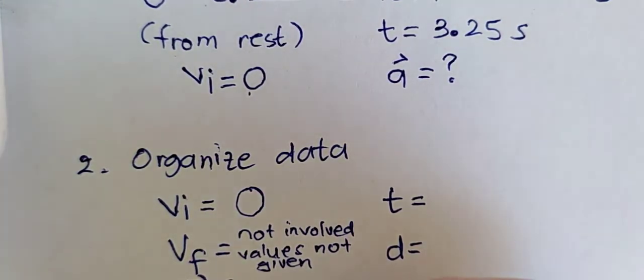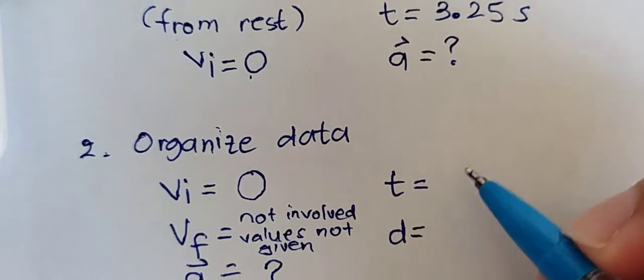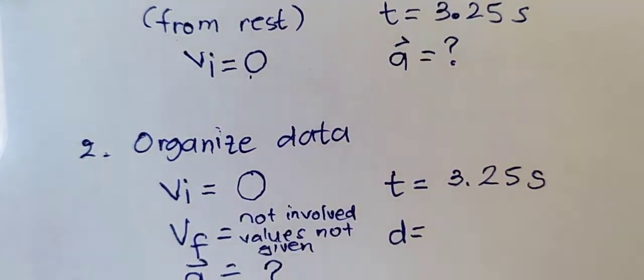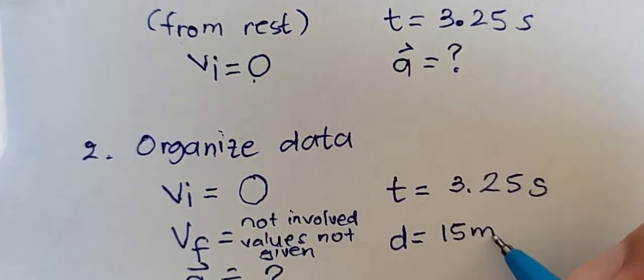And acceleration is missing. Involved but missing, because that is the quantity that we are going to solve or find out. And then we have the time, which is equal to 3.25 seconds, and the distance is equal to 15 meters.